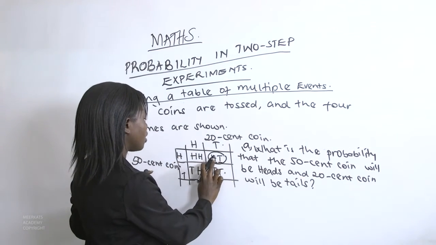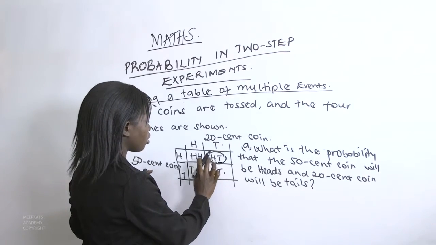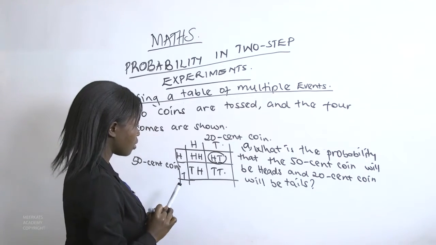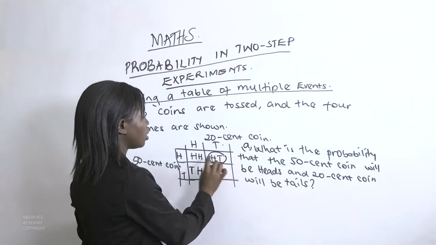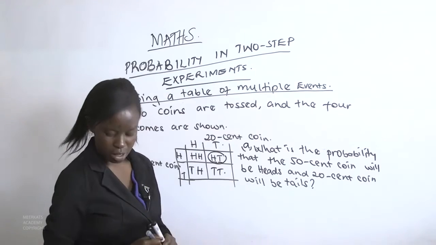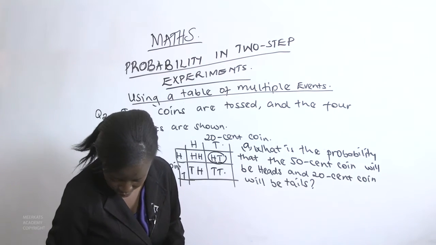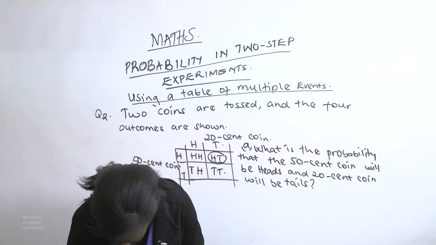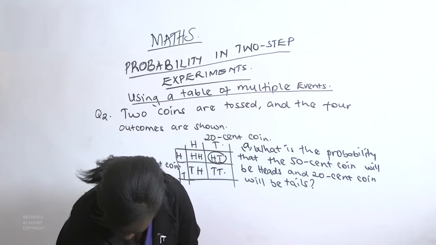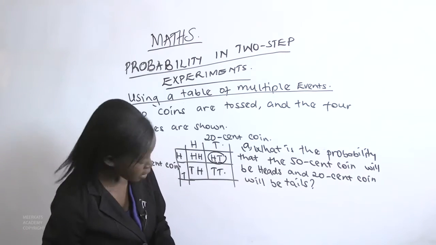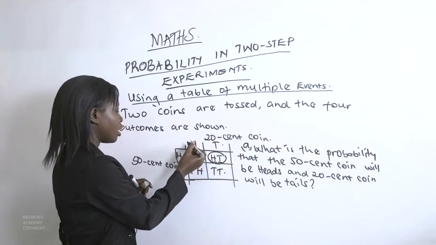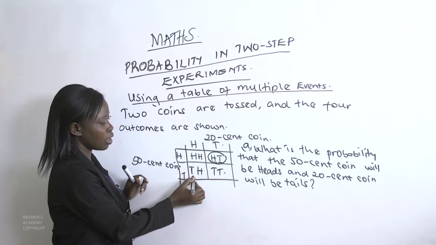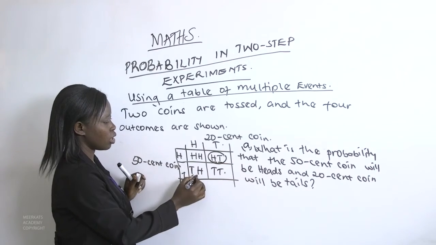So we have that outcome that the 50-cent coin is showing the head, the 20-cent coin is showing the tail. So the probability that the 50-cent coin is showing the head and the 20-cent coin is showing the tail. Here we have the 20-cent coin has a tail, the 50-cent coin has a head.